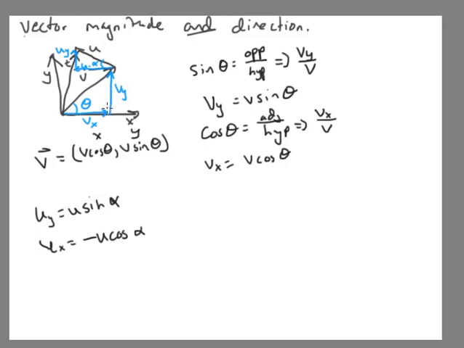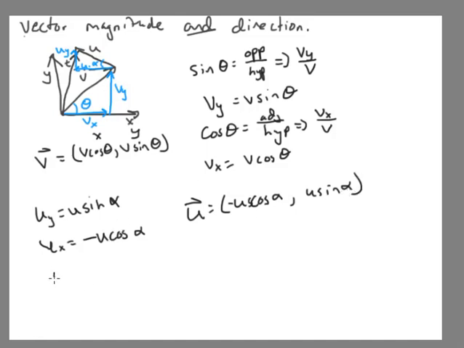We said pointing to the right is positive, so pointing to the left has to be negative. So our u is equal to negative u cosine alpha, and then u sine alpha.